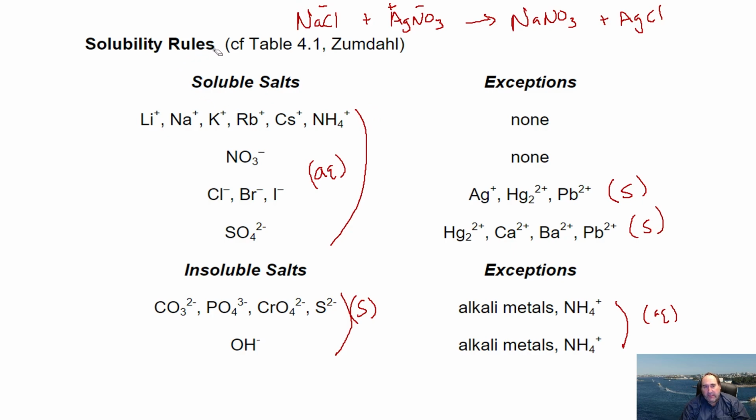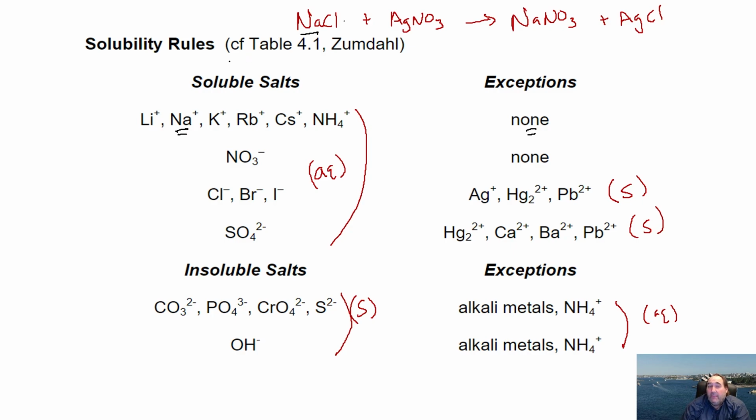Now that we have the equation, and it's balanced, we can figure out the solubility by using the solubility rules. So here we go. We're first going to look at sodium chloride. Sodium is group 1, which means there are no exceptions and it should always be soluble. As soon as I see sodium in that formula, I really don't have to look any further.